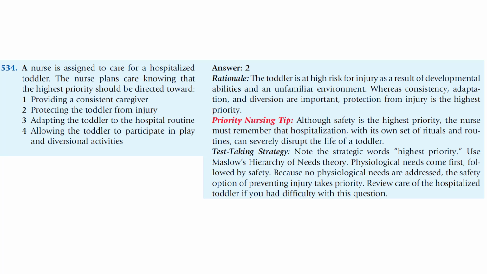Allowing the toddler to participate in play and diversional activities. Answer 2. Rationale: the toddler is at high risk for injury as a result of developmental abilities and an unfamiliar environment. Whereas consistency, adaptation, and diversion are important, protection from injury is the highest priority.